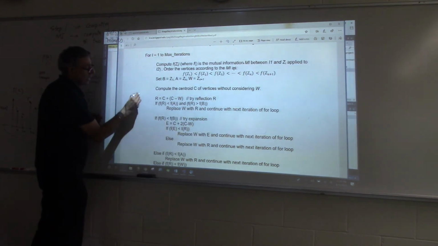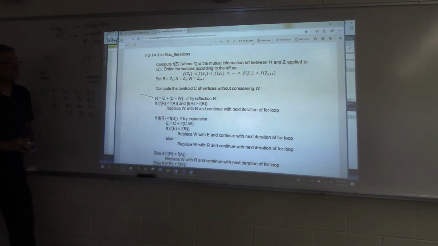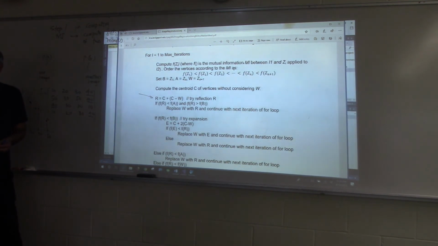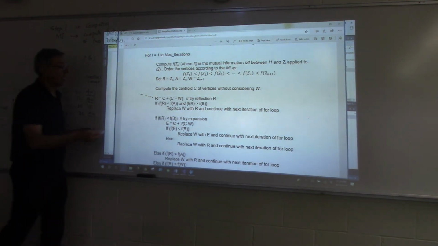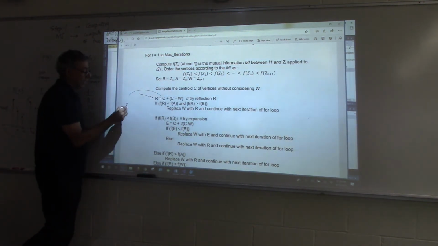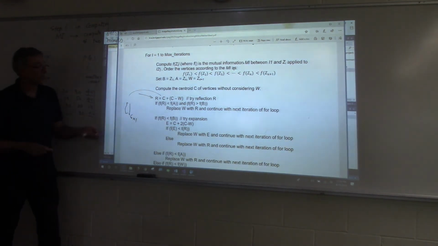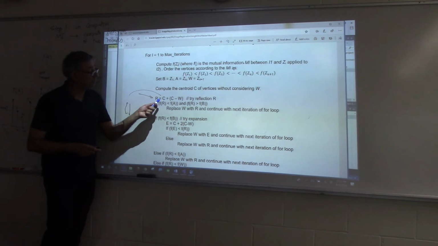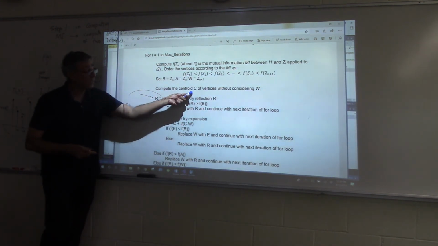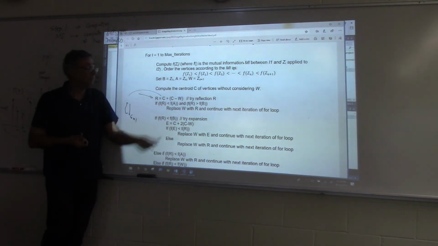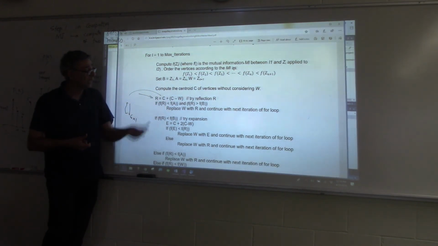Then this is the formula. This is simple vector arithmetic because all of these are basically 6 by 1 vectors. First we compute the center of all the vertices, which is the mean of all the vectors, all the 7 points.